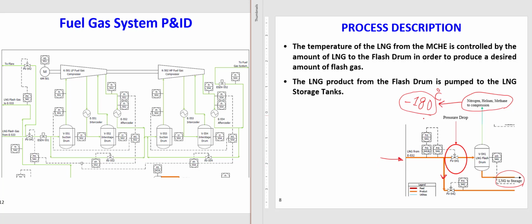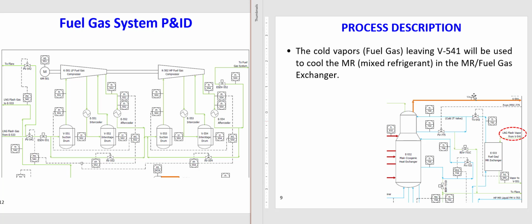So, okay, this gas here has a good value because it is at low temperature and we can do a lot of things with it. So what we do, we will send it to a heat exchanger. What is that heat exchanger? Next slide. We will send it here. That is the gas coming from the top of the flash tank. The arrow that I have shown in the previous slide is coming to this equipment. What is this equipment?